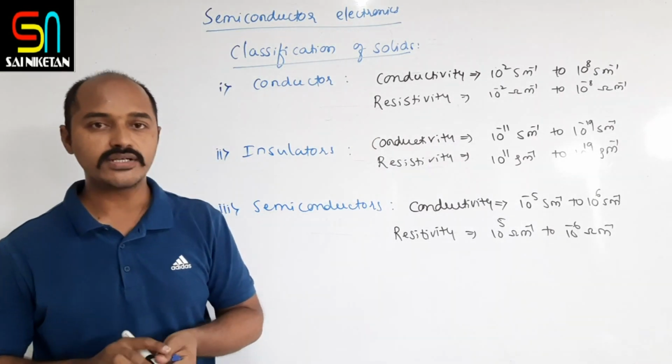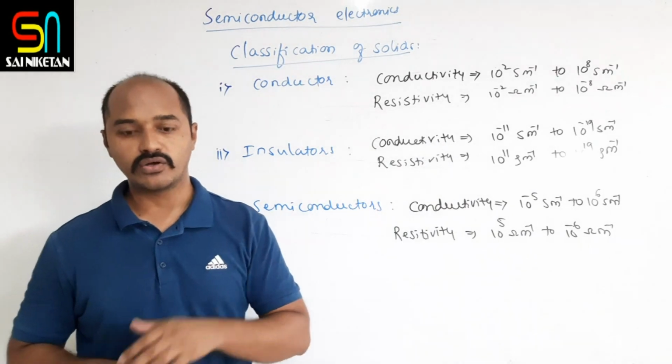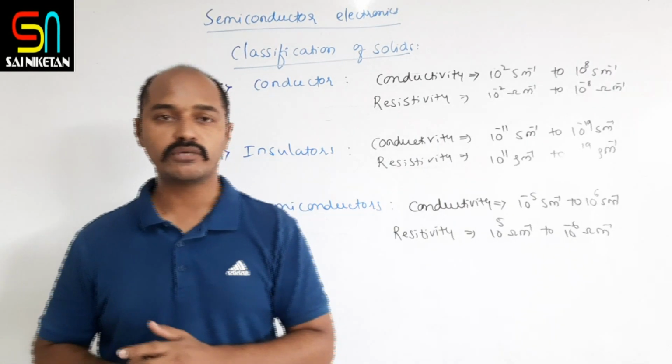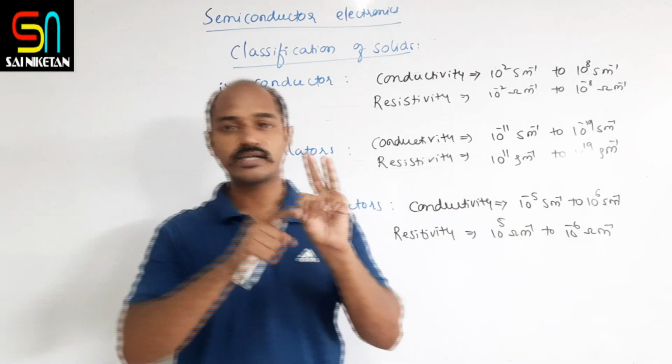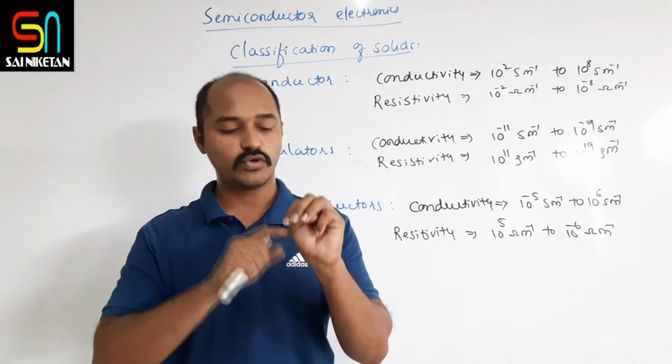So these are the classification of solids. Let us recall it. Solids can be classified according to their conduction or resistivity property into three groups: conductors, insulators, and semiconductors.